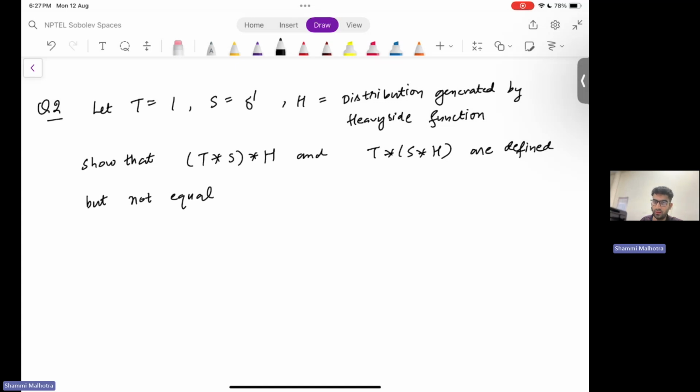So even though they are defined, they're not equal. So we are losing associativity here.